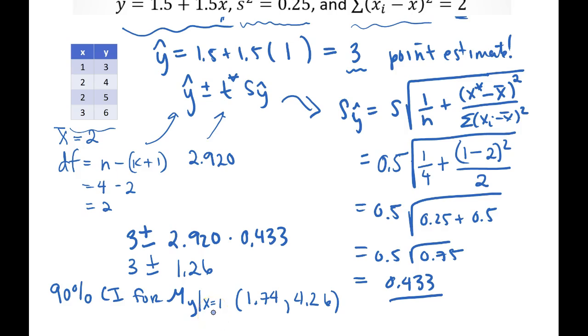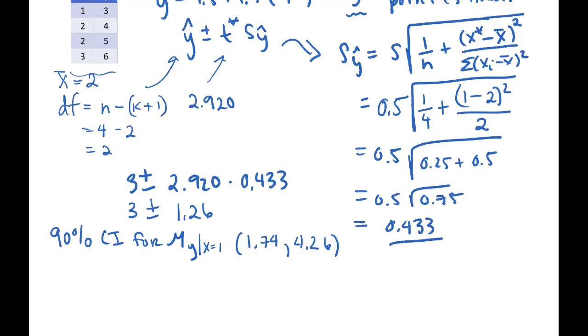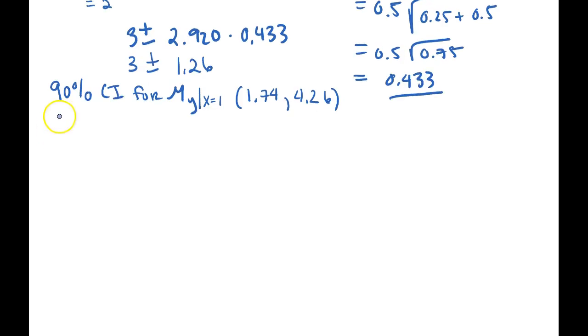Now we need to calculate the prediction interval for the response. Remember, the confidence interval is giving an interval for all values when x is equal to 1, so it's giving an average, whereas the prediction interval needs a little bit more variation because we're predicting for just one singular value of x equal to 1.